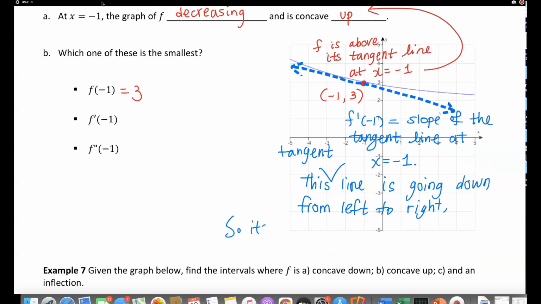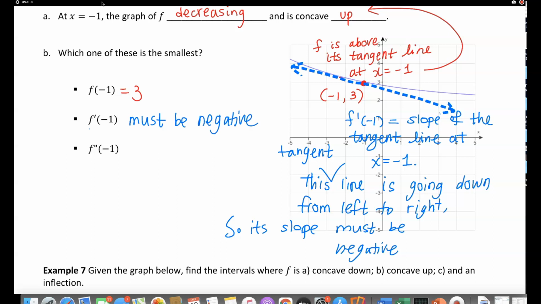So its slope must be negative. Does that make sense? Negative is a going-down function. So I don't know what this is exactly, but what I know for sure is that f prime of -1 must be negative, because the function is decreasing, which means the slope of the tangent line is going to be a negative number.